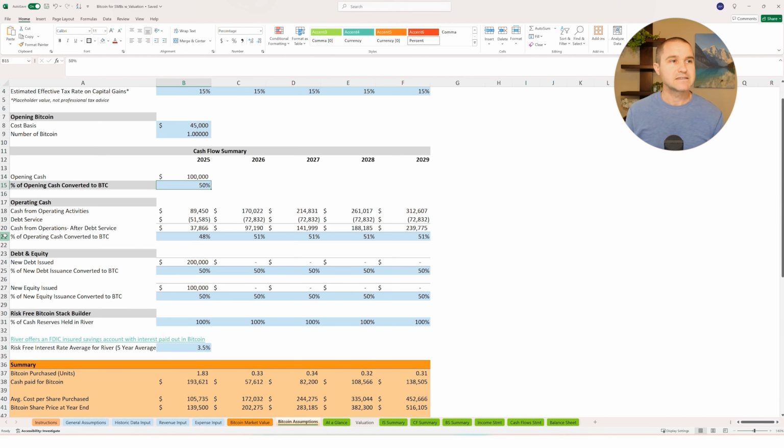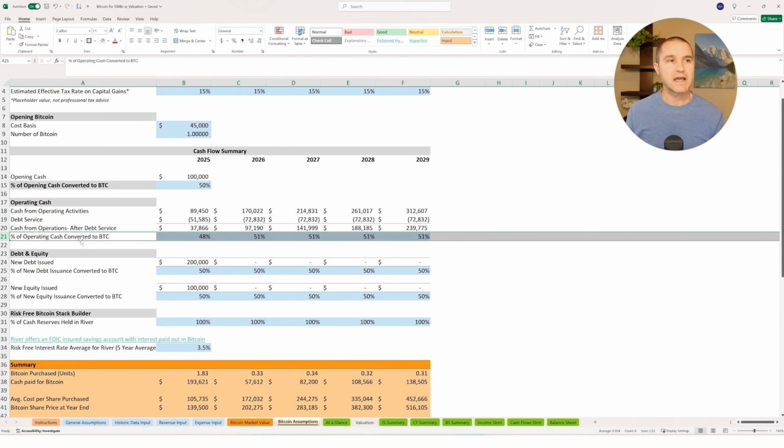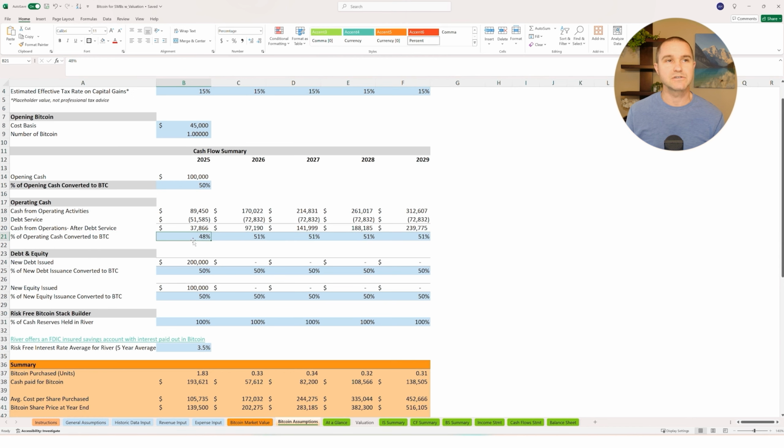And then you can set here a percentage of operating cash converted to Bitcoin each year. So this is effectively, what amount of your free cash flow are you going to be converting to Bitcoin? And so we'll be able to see the cash from operations after your debt service, and then it will automatically make purchases based on those assumptions.